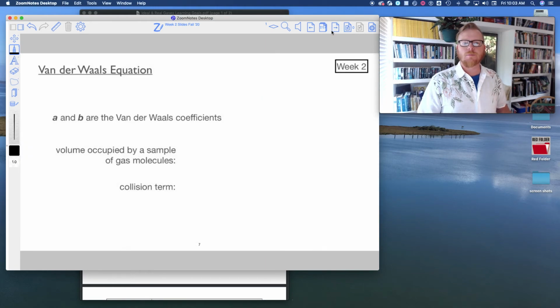So moving on, let's put this whole correction, the correction of P ideal and the correction of V ideal, together into the van der Waals equation, okay?